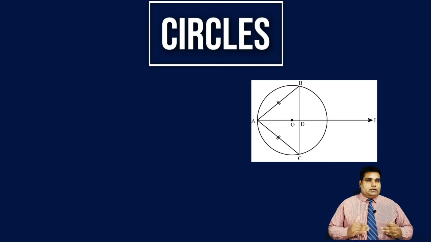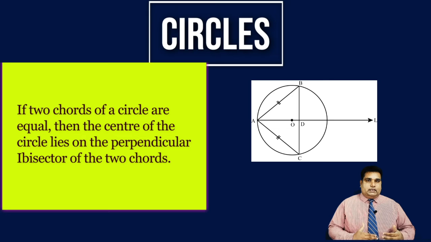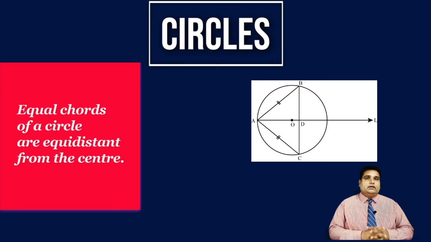So property number 1 of equal chords is very important. If two chords of a circle are equal, then the center of the circle lies on the perpendicular bisector of the two chords. The second important property is, equal chords of a circle are equidistant from the center.